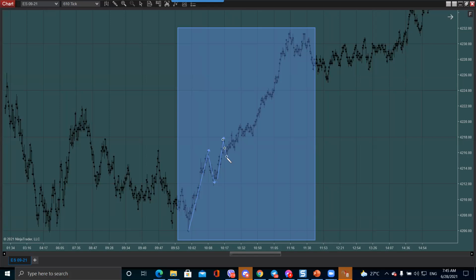Yeah, weak retrace there. And then you have a weak run until it strengthens here. It continued going up with really small retraces, right?